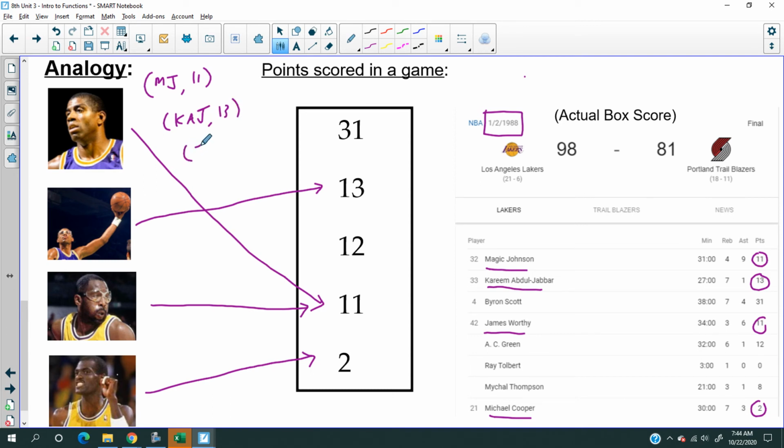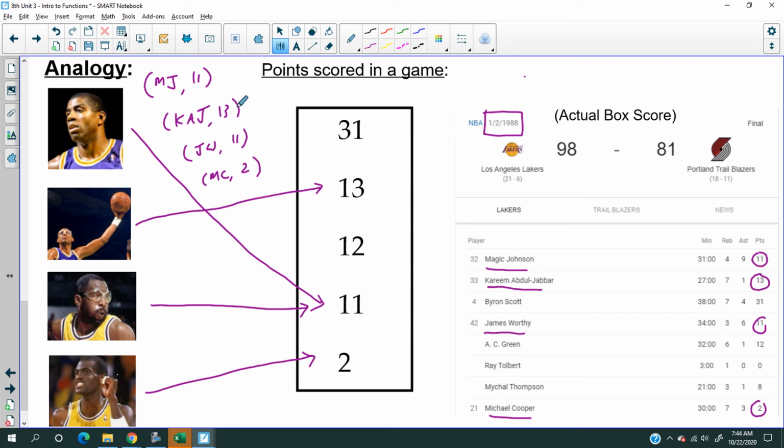And then James Worthy scored 11. And then Michael Cooper scored 2, right? So here's the question. Is this a function? Think about it. What do you think? Is this a function or is it not a function? Think about the definition I've given you today.